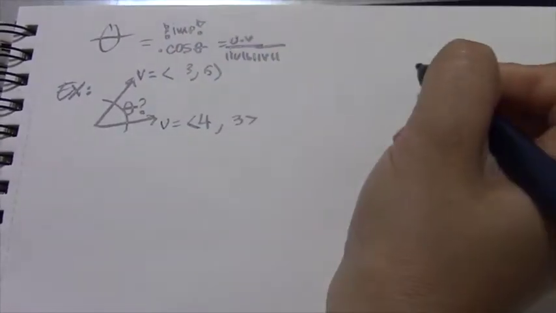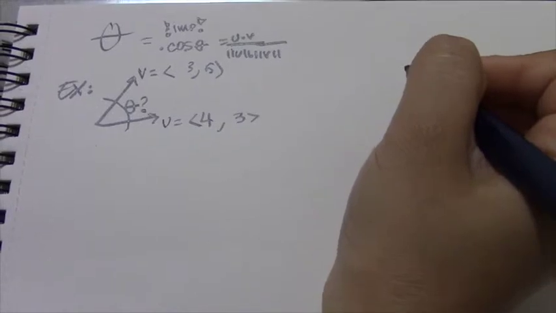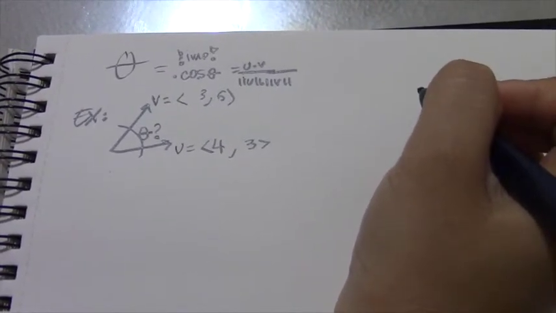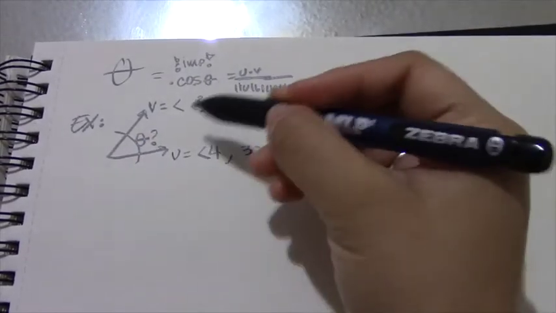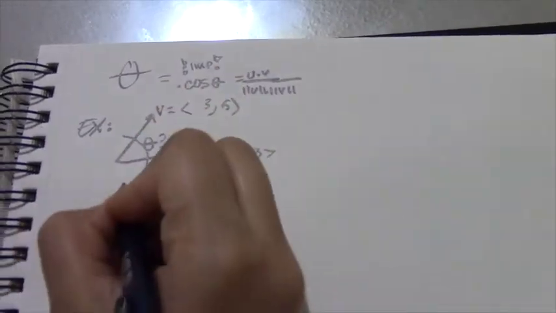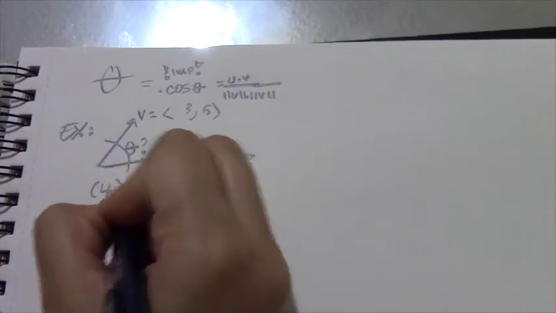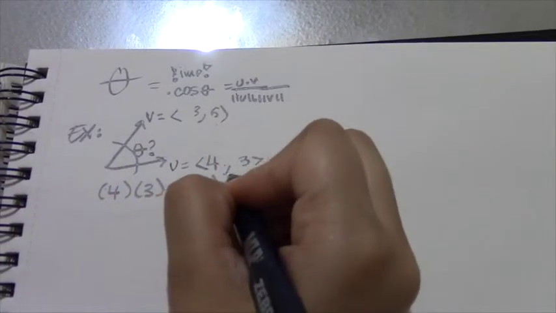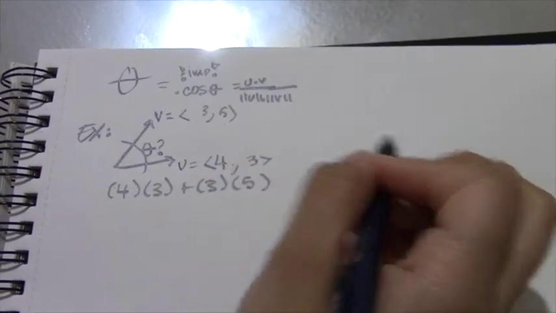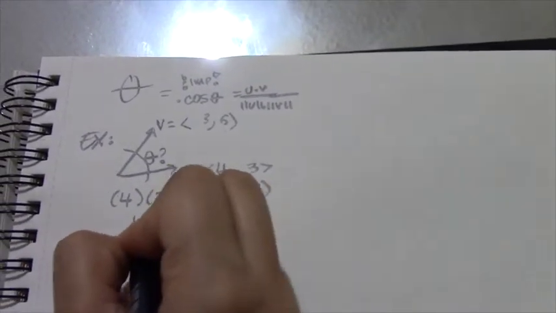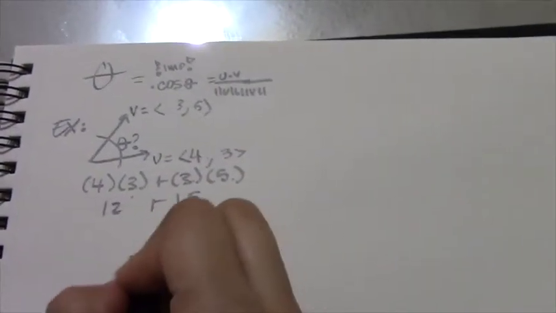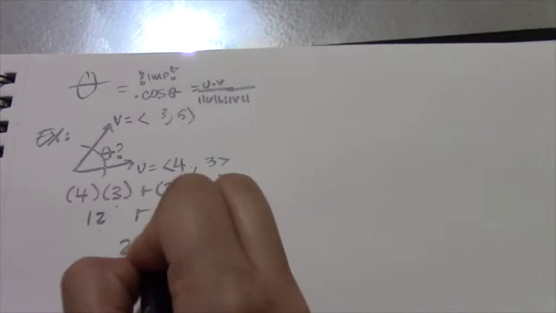So what is theta? First we have to do the dot product between V and U. So 4 times 3 plus 3 times 5. 4 times 3 equals 12 plus 15, which 12 plus 15 is 27.